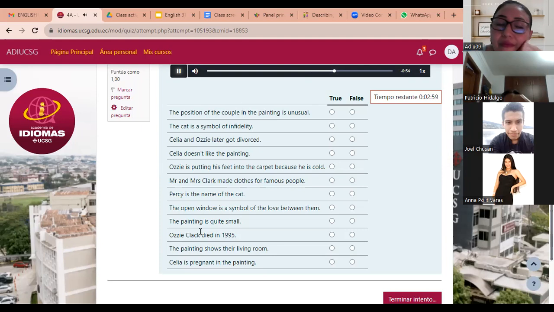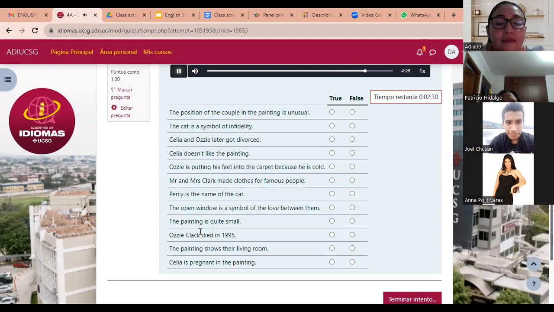Usually in a painting, the married couple are close together, but in this painting, they're separated by a big open window, which symbolizes the distance between them. The white cat sitting on Mr. Clark is a symbol of infidelity. It seems that Hockney didn't think that their marriage was going to be very happy, and in fact, the couple got divorced 4 years later.